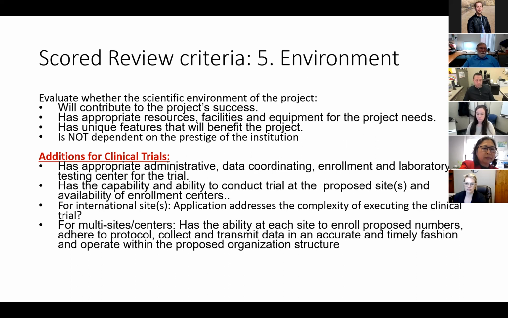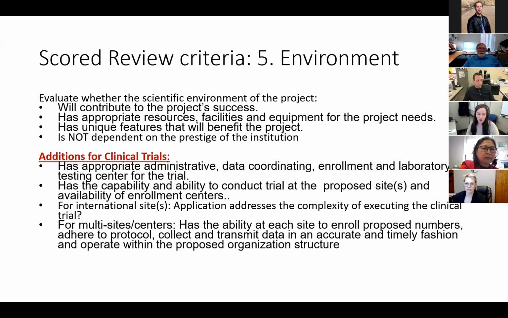For clinical trials, are there appropriate administrative, data coordinating, enrollment and laboratory testing centers for the trial, and does it have the capacity and ability to conduct the trial at the proposed sites and available enrollment centers? For international sites, the application addresses the complexity of executing the clinical trial.